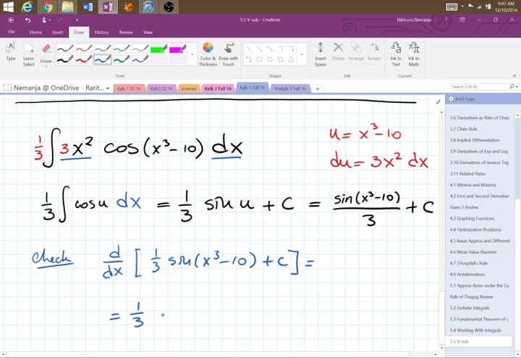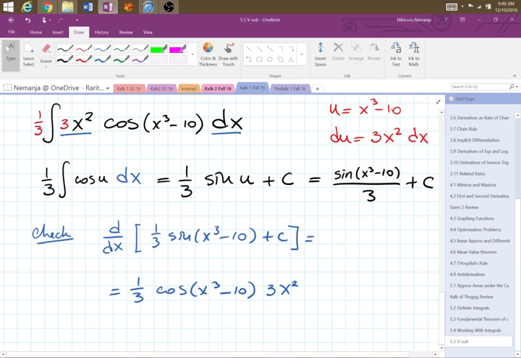The derivative of sine is cosine of x cubed minus 10. And then I take the derivative of the inside, which is 3x squared, as a chain rule. And the derivative of plus c is 0. I see that 1/3 and 3 cancel. And there is the x squared cosine, exactly the same as what the problem had. So, yeah.